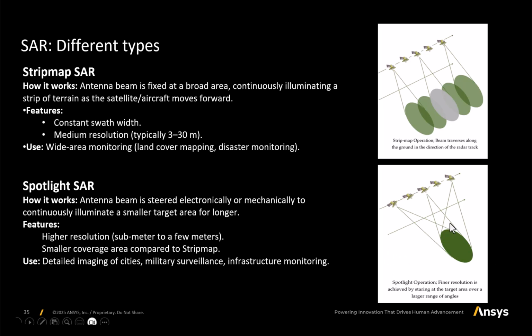That helps me get a high resolution image, sometimes millimeter to centimeter level, depending on bandwidth, operating frequency and other concerns. It's mainly used for imaging cities and military surveillance. You can image objects on the terrain very nicely and detect these targets from the radar.